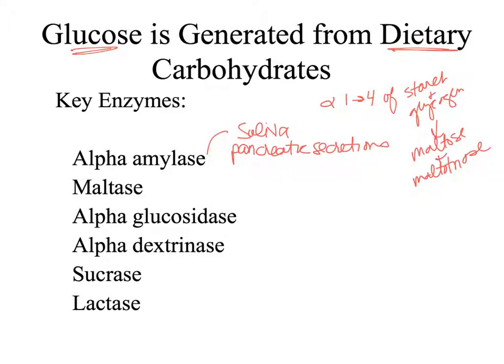Now, we have additional enzymes that are going to help break this down further. And we see here the maltase. And maltase and alpha glucosidase, these are going to allow for the complete digestion of di and trisaccharides that are produced up here.